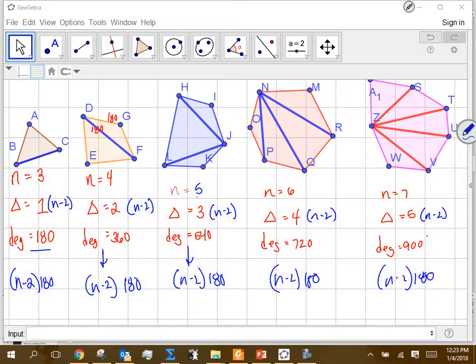So n minus 2 times 180 degrees is the total, you might want to write this down, this is the total number of degrees in a convex polygon.